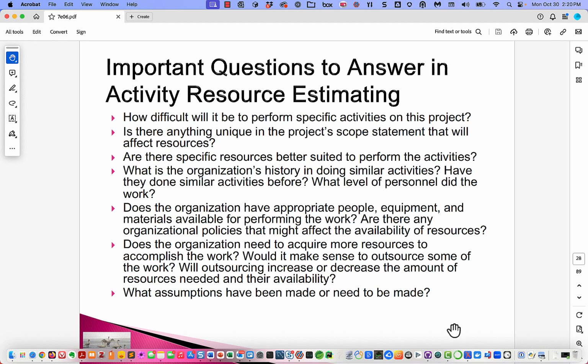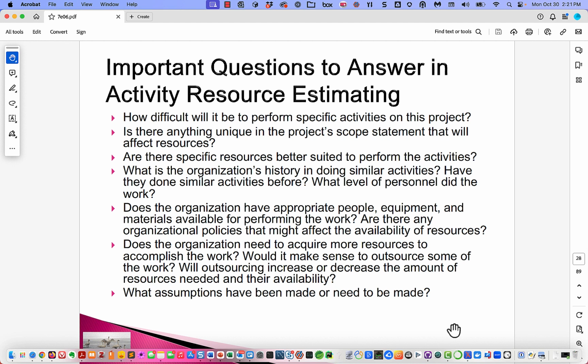This slide is kind of interesting in that I think this is the point. It's important to understand when things are complicated when you're doing this kind of resource identification and estimating.